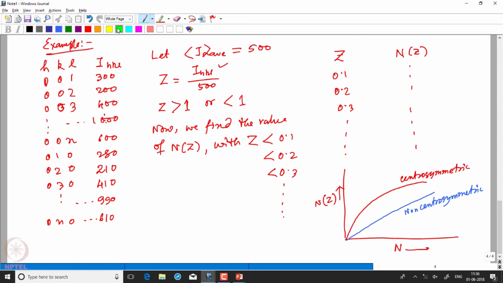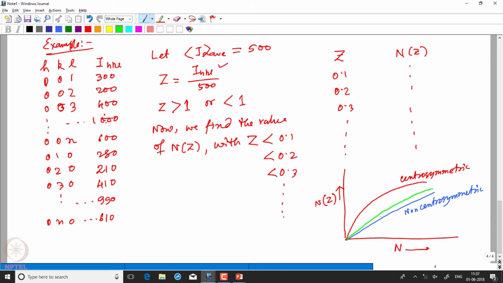So you have a pseudo center of symmetry in your lattice. So in that case, this statistics will show a very minor deviation from non-centrosymmetric plot, but it will not be as deviated as centrosymmetric.